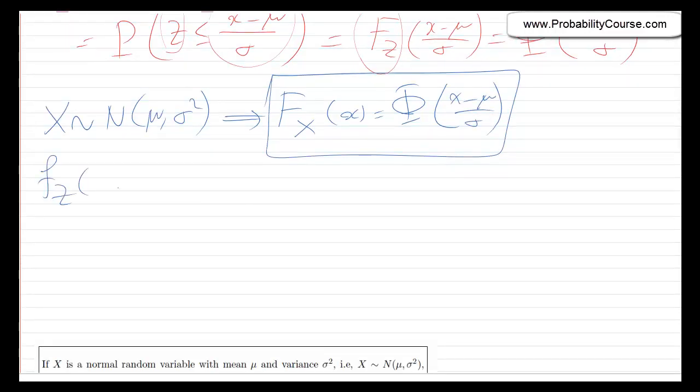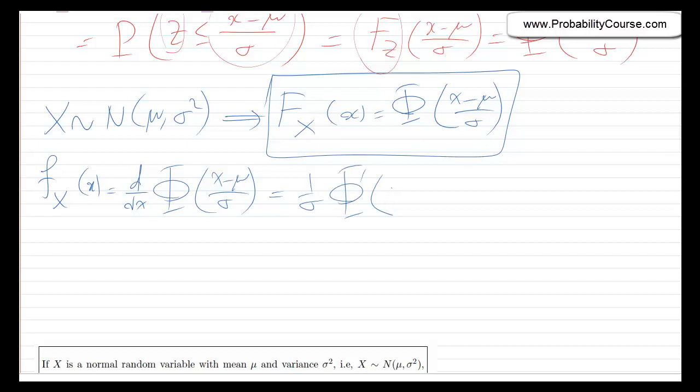Well, the PDF is just the derivative of the CDF, so f_X(x) is d/dx of phi of (x minus mu) over sigma, and this becomes 1 over sigma, by the chain rule in calculus, phi prime of (x minus mu) over sigma. But the derivative of the phi function is basically the PDF of the standard normal, so 1 over sigma times f_Z of (x minus mu) over sigma.